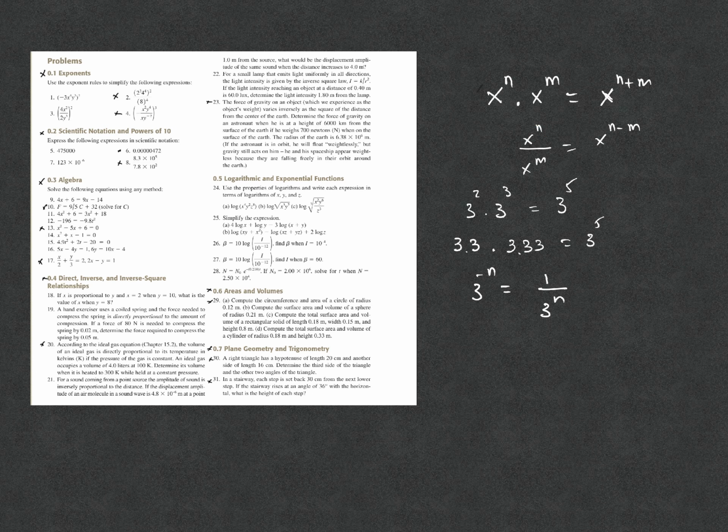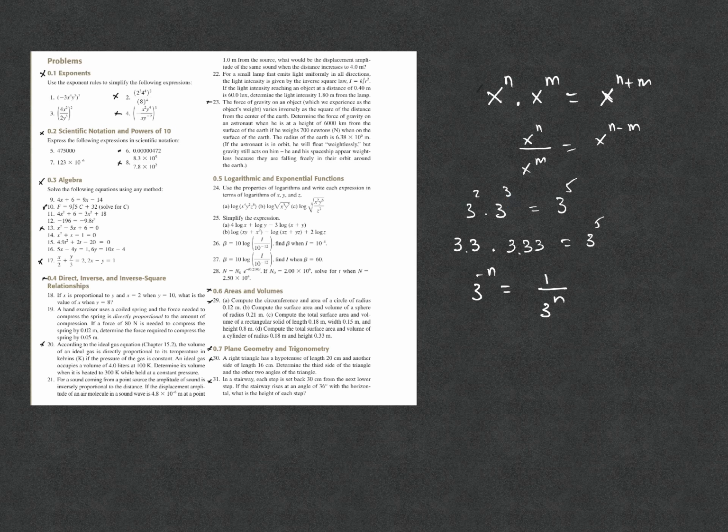For example, 3 raised to the 2 multiplied by 3 raised to the 3 is 3 raised to the 5. This means that 3 raised to the 2 is 3 multiplied by 3, and 3 raised to the 3 is 3 by 3 by 3.